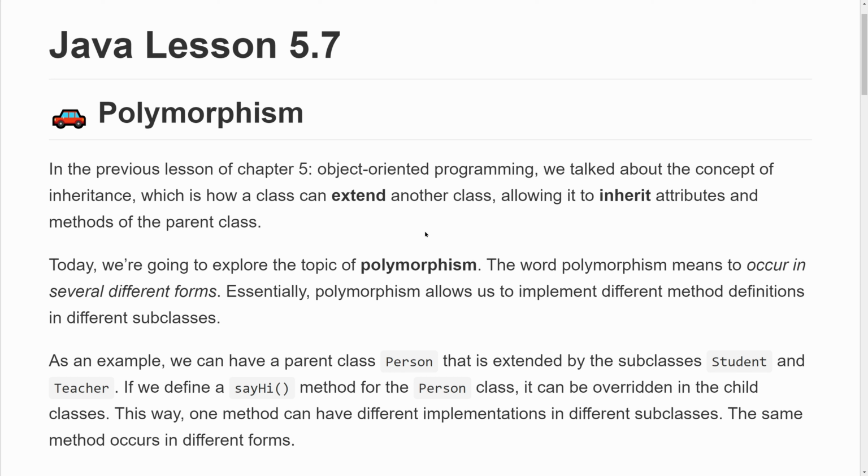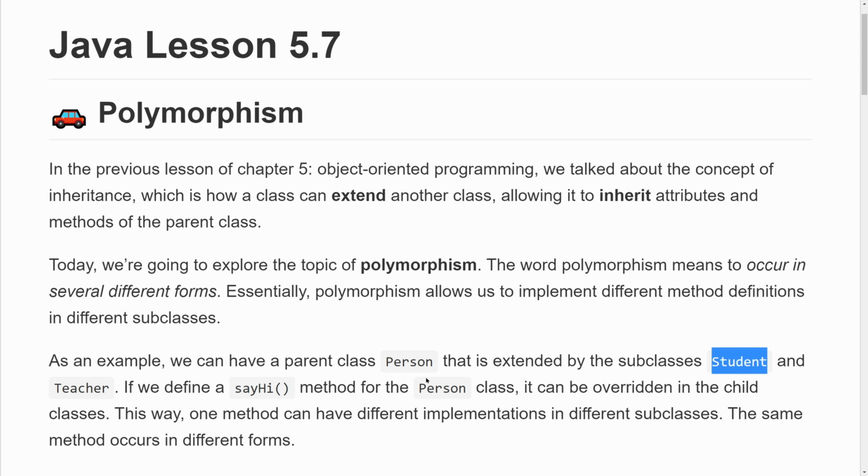The word itself means to occur in several different forms. And polymorphism essentially means that we can implement different method definitions in different subclasses. So, for example, if we have a parent class called person, modeling a human individual, let's say that we have this person class be extended by two subclasses, a student and a teacher.